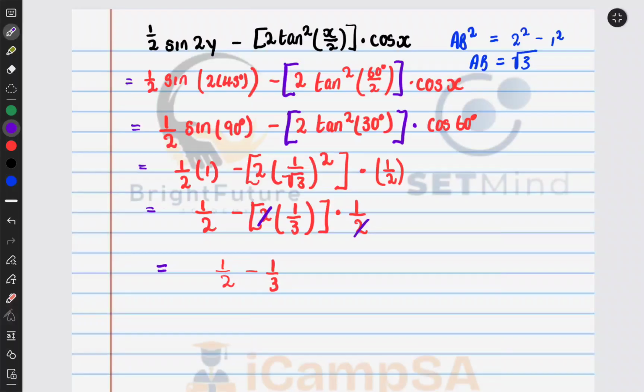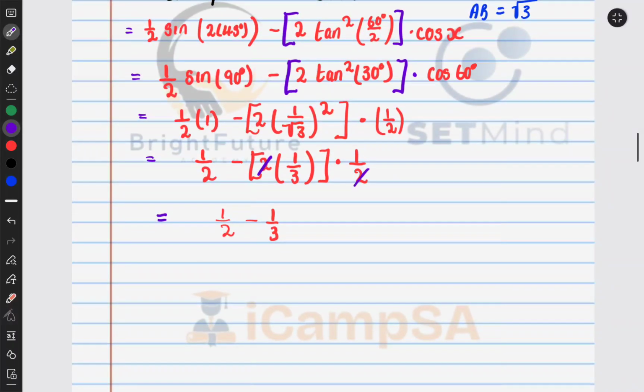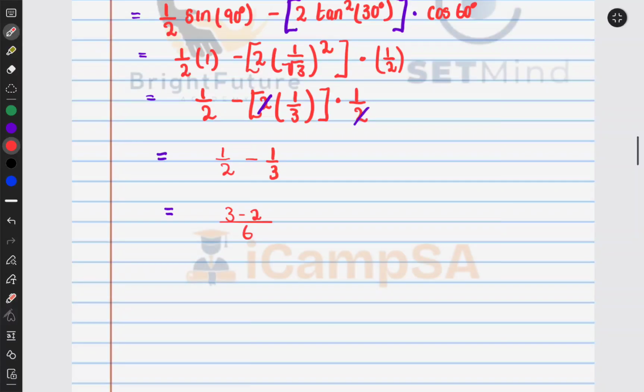So a half minus a third, we have to find the common denominator, which is 6. Lowest common denominator is 6. So 2 into 6 goes 3 times, so we have 3 minus, 3 into 6 goes 2 times, we have 2.